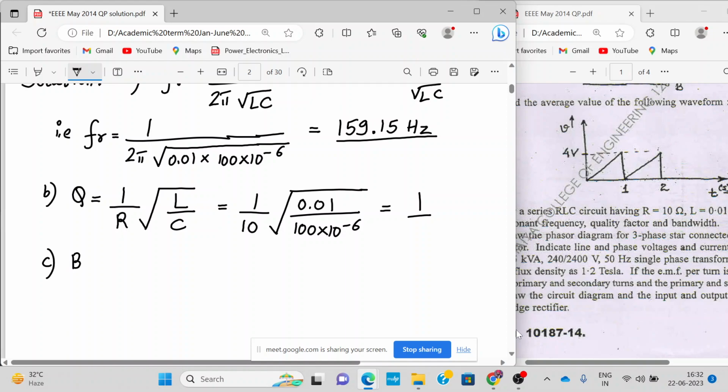Then the bandwidth is given by the formula. It's a formula driven numerical, R divided by 2 pi L. Alright, so R is 10, 2 pi L is 0.01. Please calculate this.